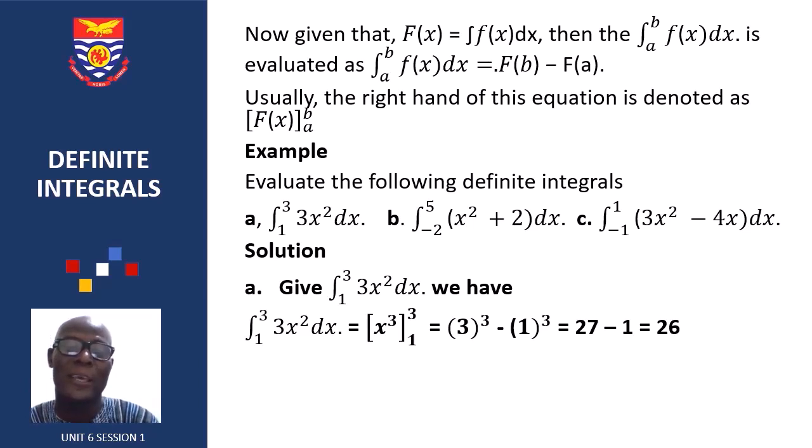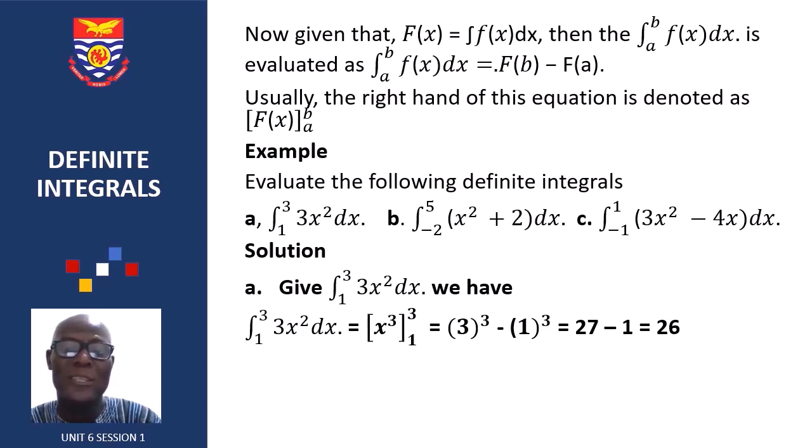Now, A, to evaluate this definite integral, the lower limit 1, upper limit 3, then 3x squared dx, we first integrate the function by increasing the exponent by 1 and dividing by the new exponent, which gives x to the power 3.